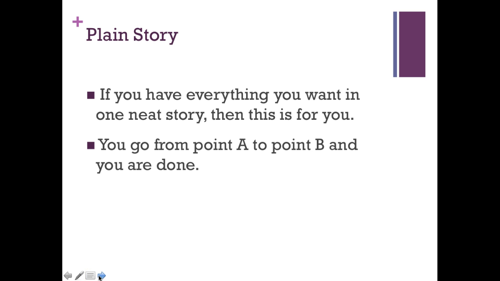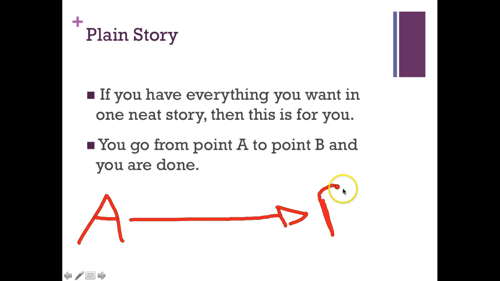A plain story, obviously, is where you have everything you want in one neat story. It goes from point A to point B. There's just one event, and it gets the job done. That's a plain story. A hanging. It starts with the guy being led to the gallows. It goes through. He's hung.